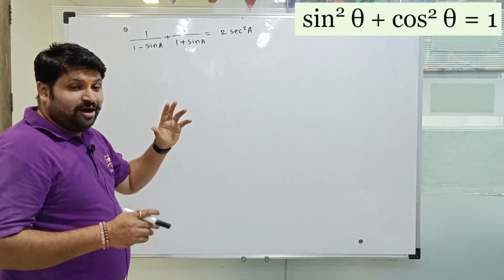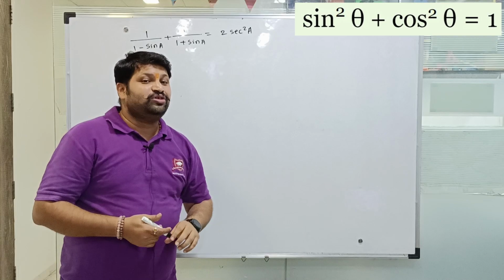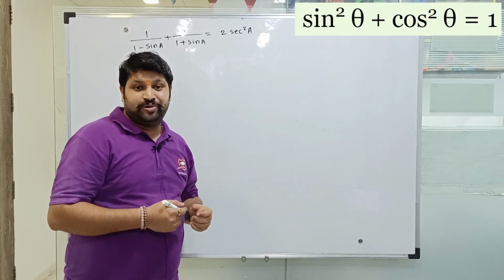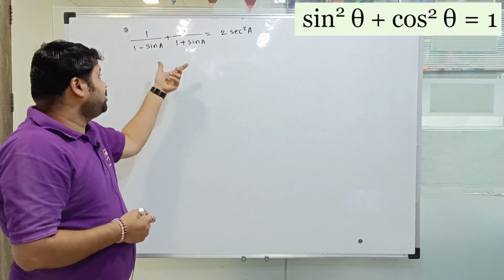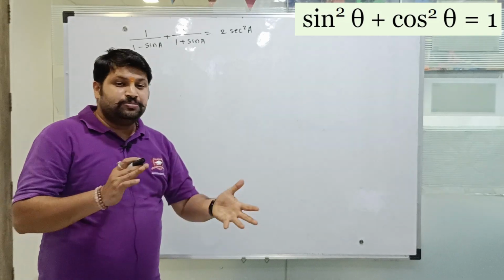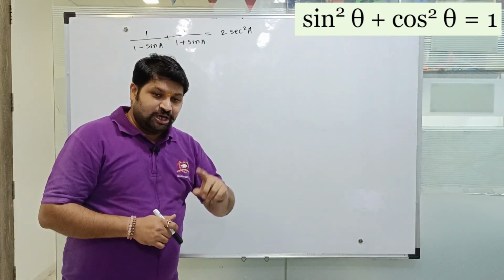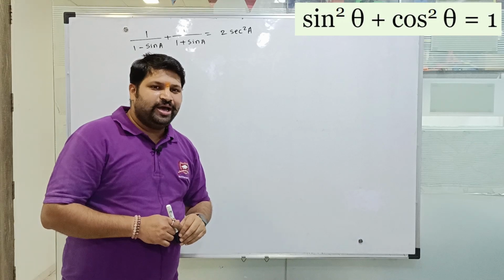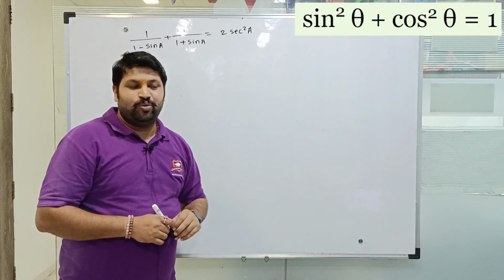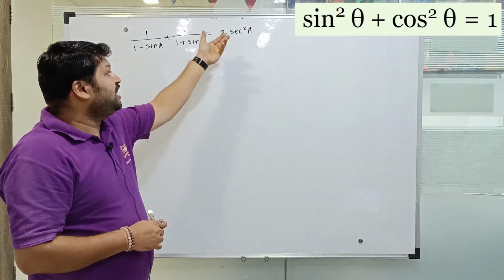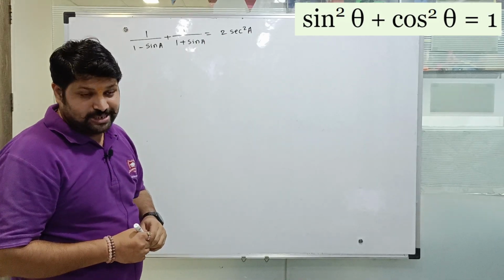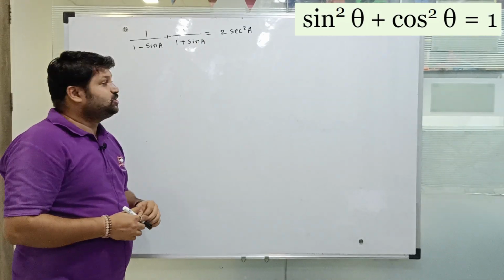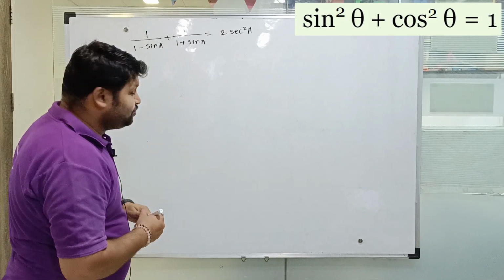So the first thing that I would need to emphasize while solving this particular example is to make sure that my denominator becomes a multiple of cos. Then only I can go ahead and make the required changes so that I can get a sec square a on the other side. Without losing any time, let us start with this particular example.